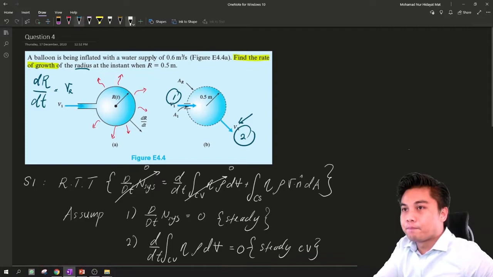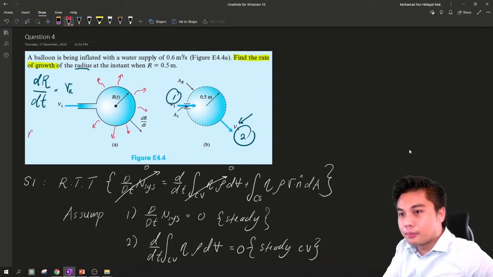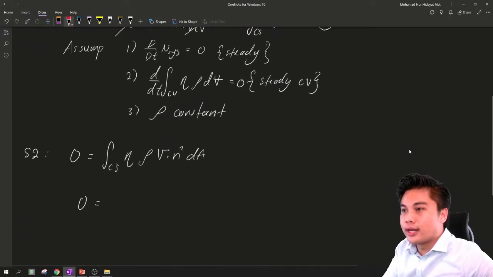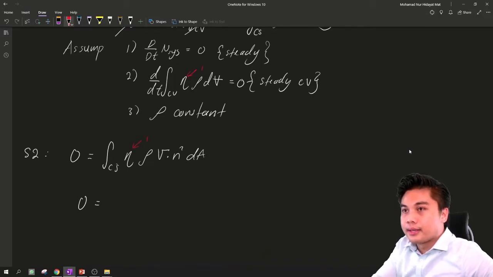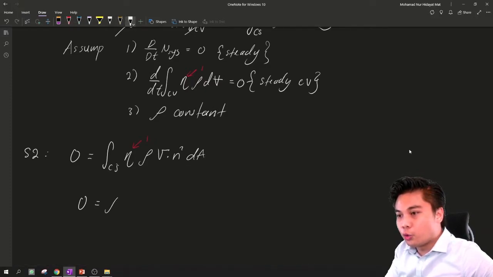So here, in order to get the intensive property, extensive property divided by mass. So the extensive property is the mass. So mass divided by mass is equal to 1. So the intensive property is 1. We replace here with 1, and what we get here is basically 1 multiplied with density rho v.